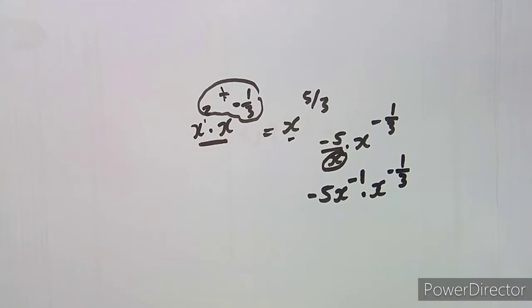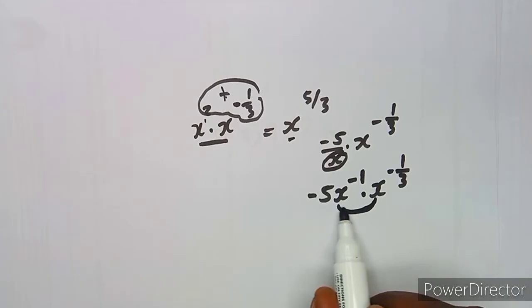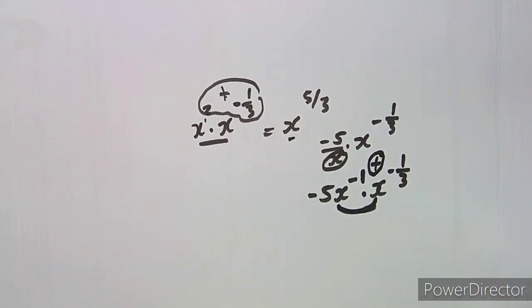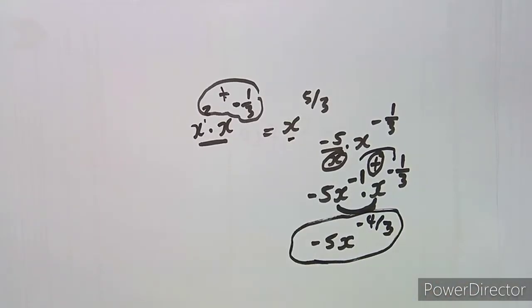That is from your grade 11 mathematics, guys. Then you are multiplying the bases here, which are the same, so you have to add the exponents. That is going to give us minus 5x to the exponent of minus 4 over 3. If you add these two numbers, you're going to obtain minus 4 over 3.